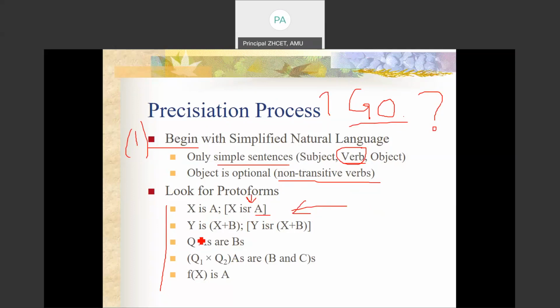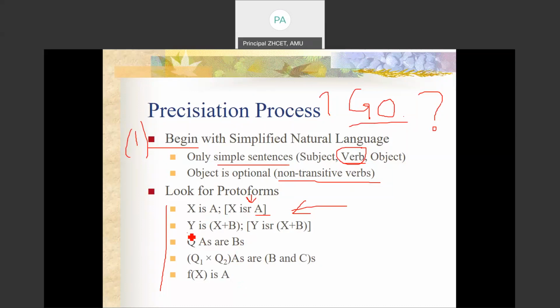The second protoform is Y is X plus B. I will also give you examples later. Then Q A's are B's. Then Q1 into Q2 A's are B's and C's, and F(X) is A. If you see, all these have the same construct in different forms.